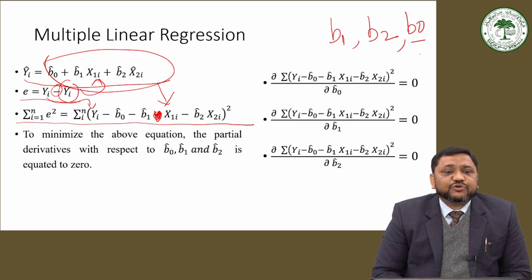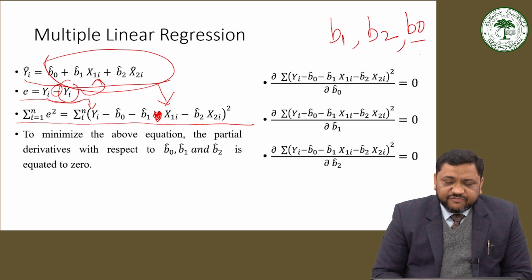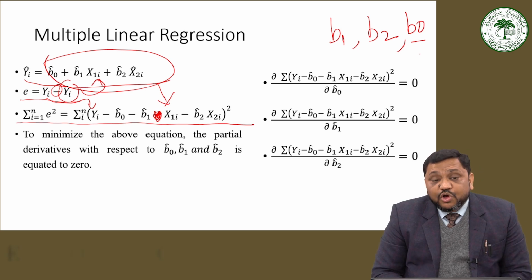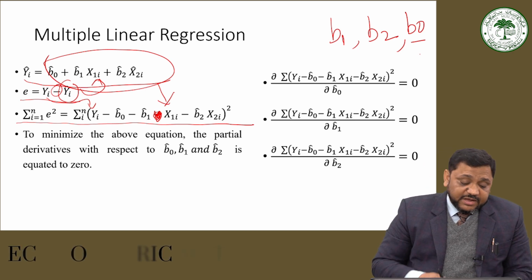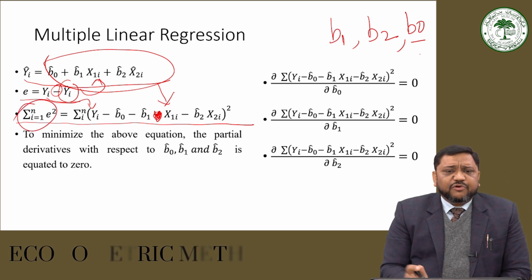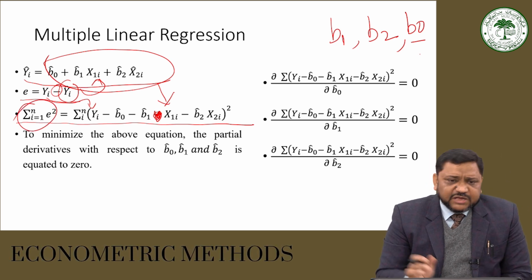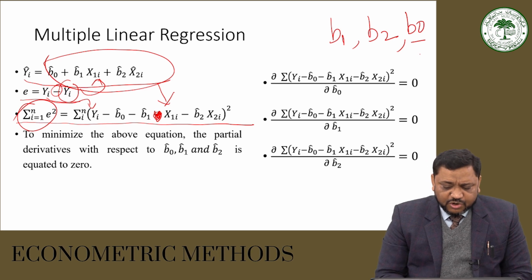Now we are going to minimize this above equation so that we can find the values of beta naught, beta 1 and beta 2 which minimize this error term. That is, we are going by the same method where we minimize the error as we did in the simple linear regression model.